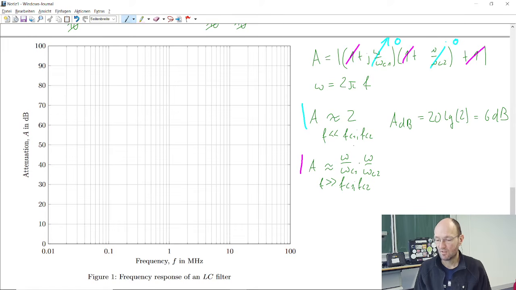And so we get something that grows proportional to the square of the frequency, because I could cancel 1 omega here and write omega square. And so if we convert this into dB, once again, A in dB is 20 times the decadic logarithm of omega square divided by omega c1 times omega c2.